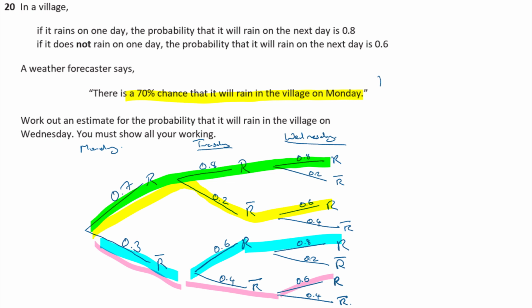So the probability that it rains on Wednesday is equal to the probability of rain, rain, rain, plus the probability of rain, not rain, rain, plus the probability of not rain, rain, rain, plus the probability of not rain, not rain, rain.